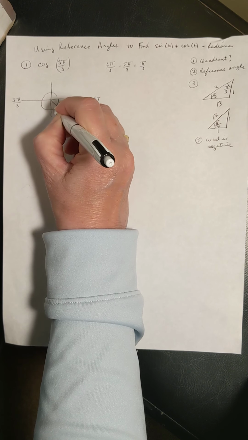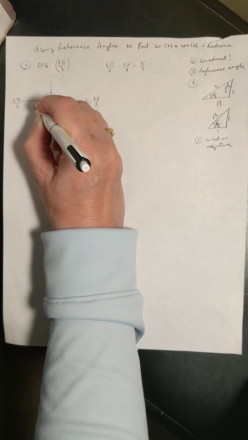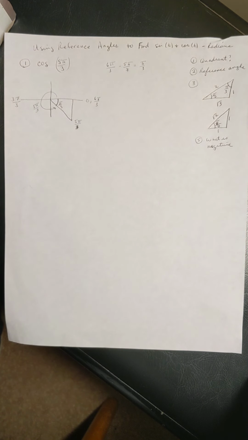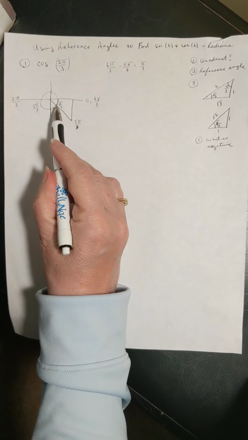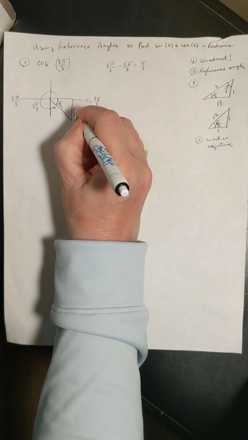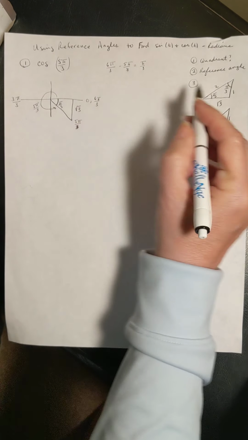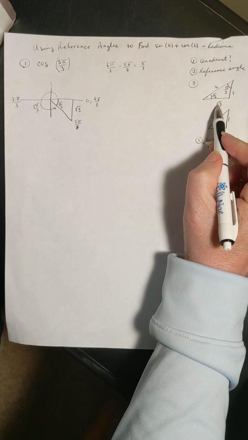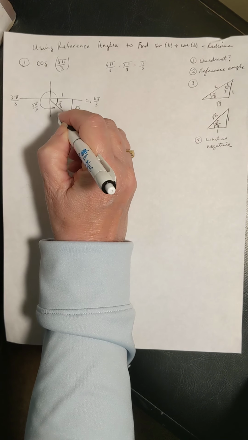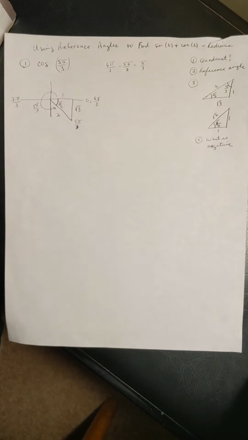So this is 5 pi over 3, and then my reference angle is pi over 3. Now remember, the pi over 3 is 60 degrees, so this is going to be square root of 3, because across from pi over 3 is the square root of 3. So this is going to be 1, 2, square root of 3.